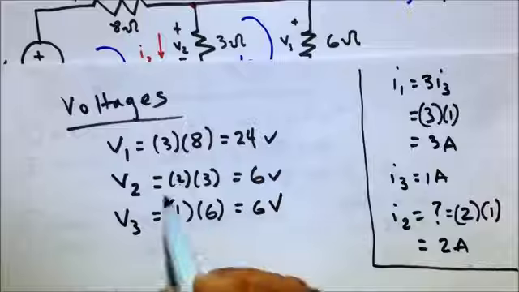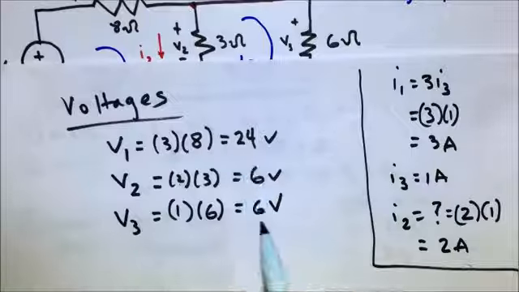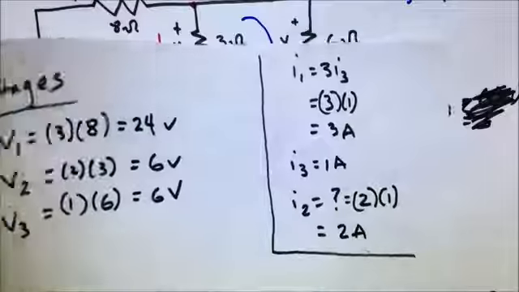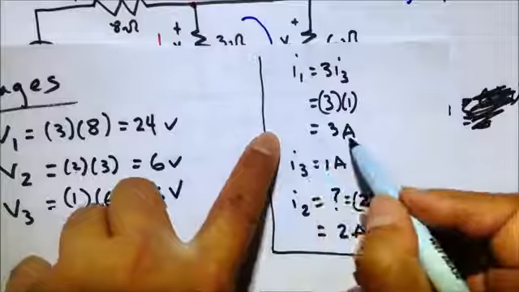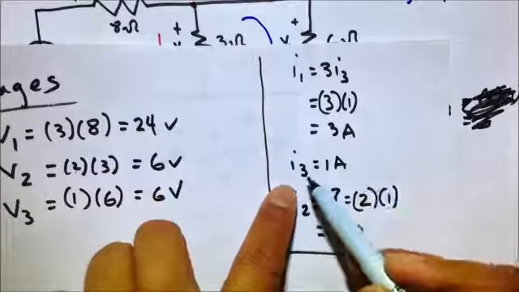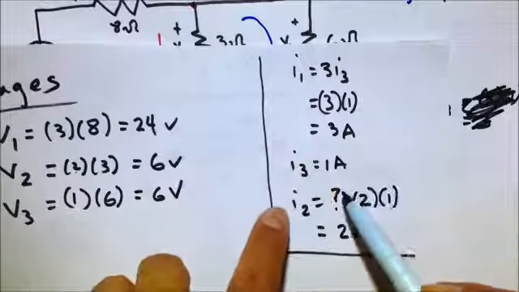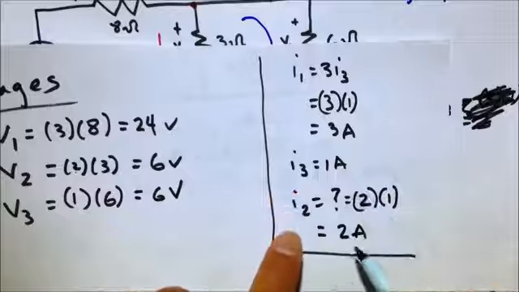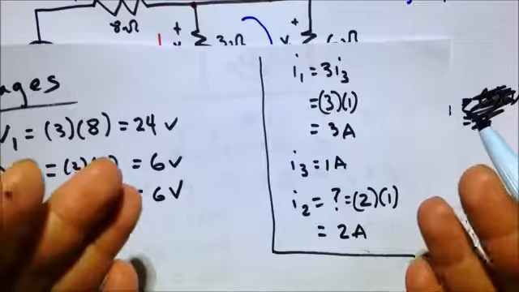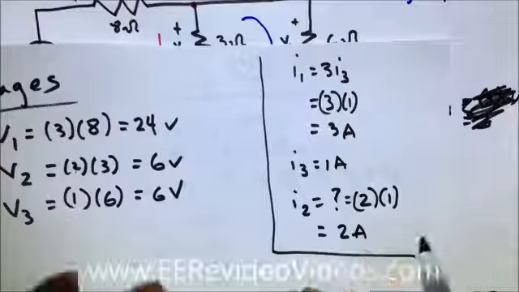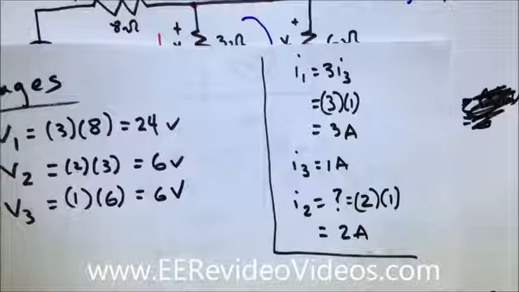So now we have all the voltages, and in a messy way that I wrote it, we have all the currents. I1 equals 3 amps, I3 equals 1 amp, and I2 equals 2 amps. Voila. It just took a little longer than I was hoping, with more paper. But hopefully that helps a little bit.